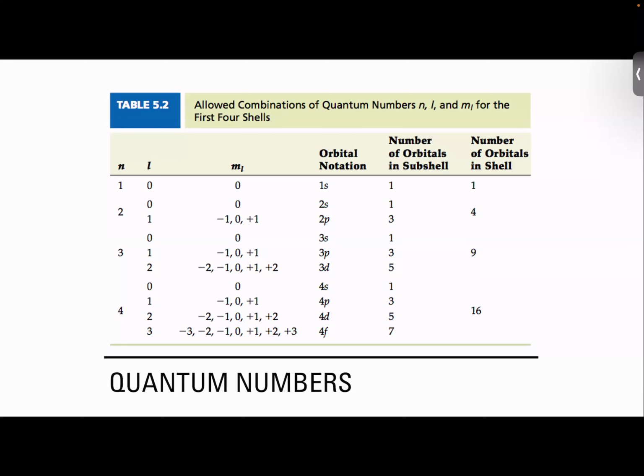When you're in the third shell, you have S, P, and D available. That doesn't mean it fills automatically. In the fourth shell, you have S, P, D, and F available.